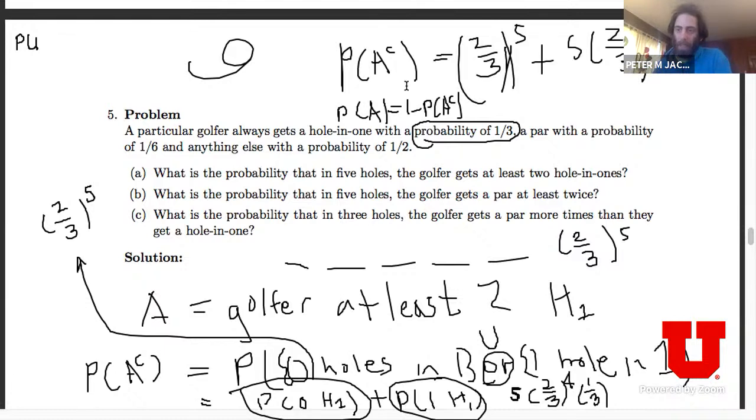The probability that they didn't get a hole in 1 on the other 4 holes is 2/3 to the 4th, and that they got the hole in 1 on the first hole is 1/3, and so the probability of that whole sequence is 2/3 to the 4th times 1/3. And then, as you mentioned, there are 5 different spots where they could have gotten that 1 hole in 1.